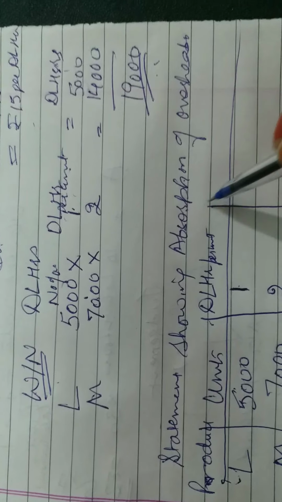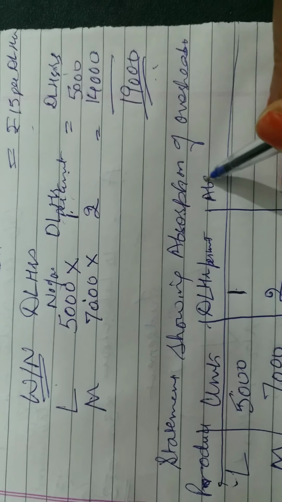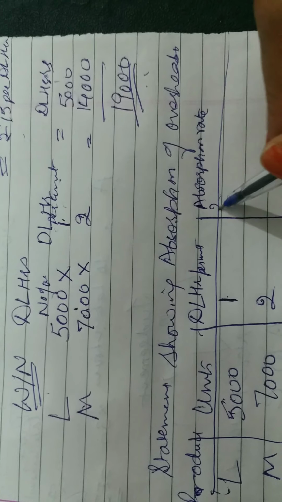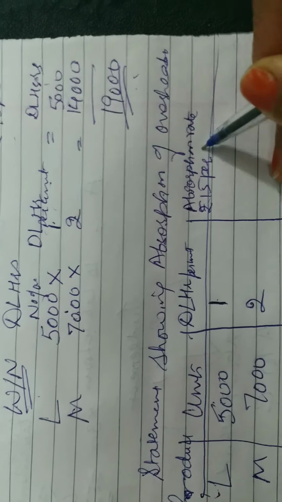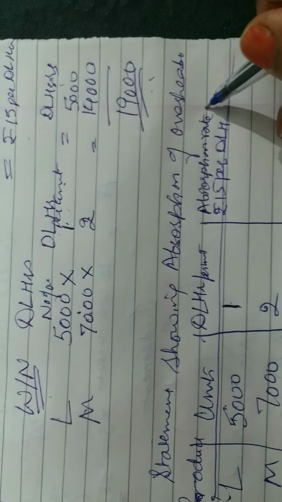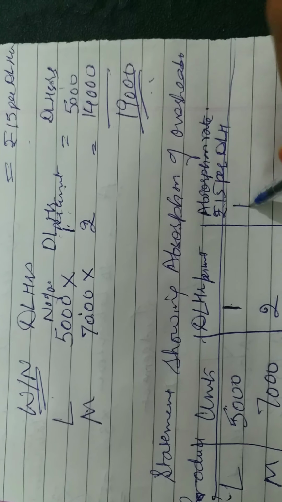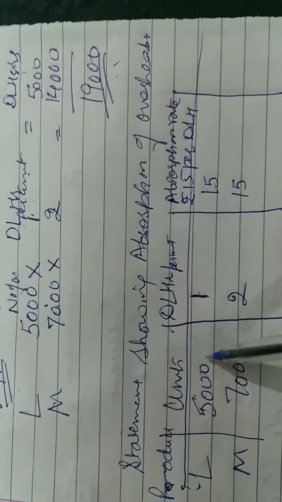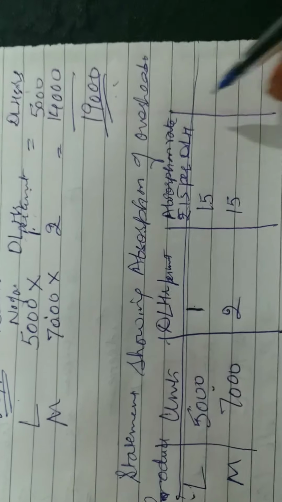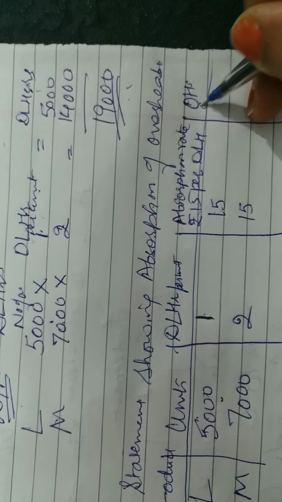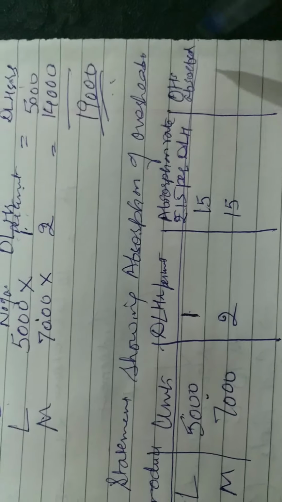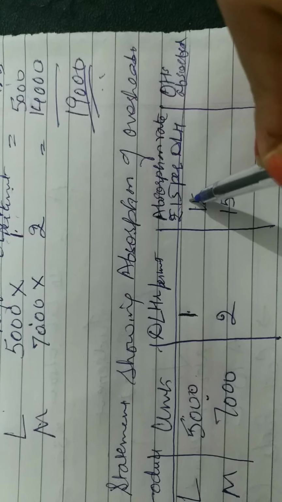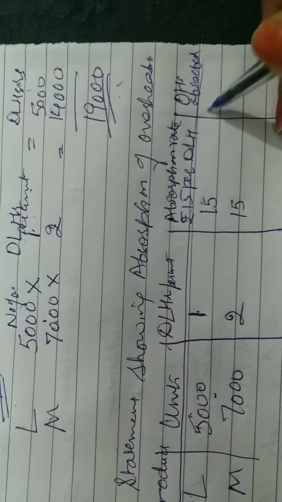So what are we going to write over here? Absorption rate. Absorption rate is rupees 15 per direct labor hour. So I will be writing over here again 15 and 15. Now what you have to do is find the total overheads absorbed. What are you going to do? This column multiplied by this, multiplied by this. You have to just do the multiplication. So what is that?